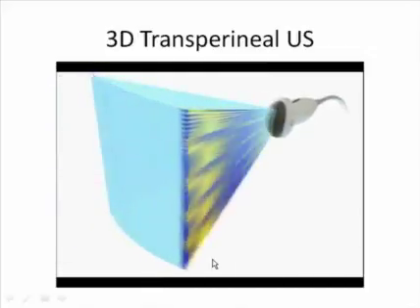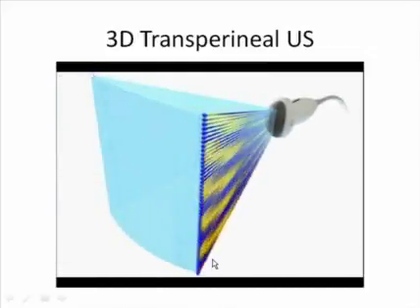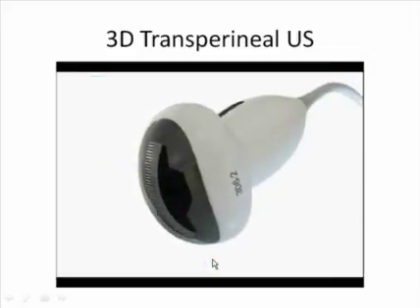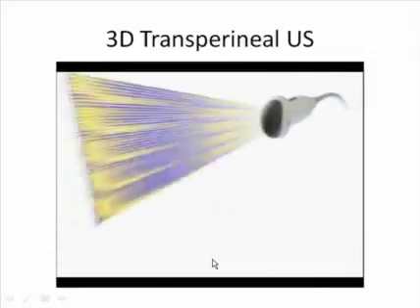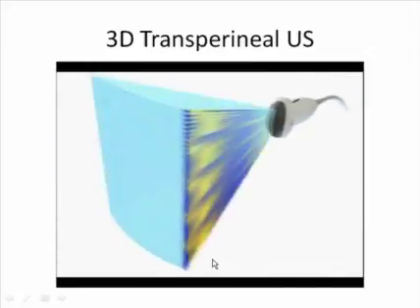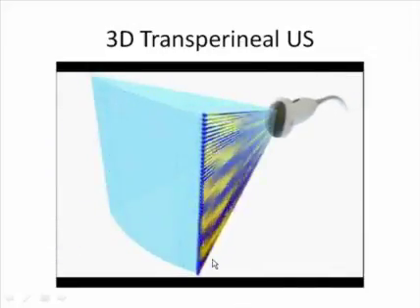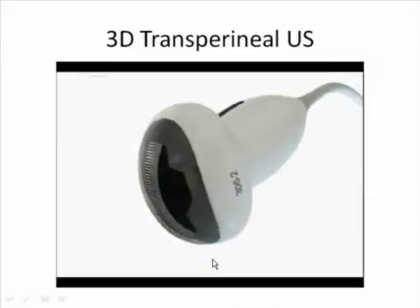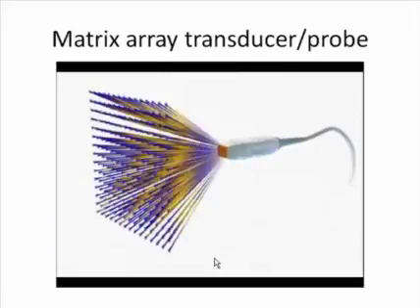And this diagram shows very nicely the sweep that is obtained in the plane of the transducer, and once we get this information, we can reconstruct in the axial or the coronal plane.